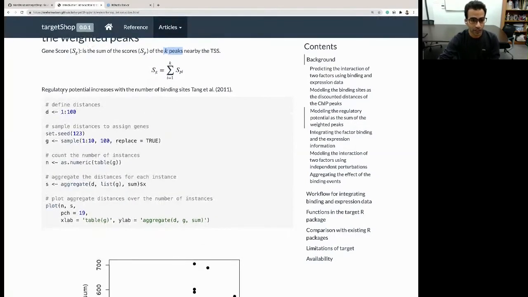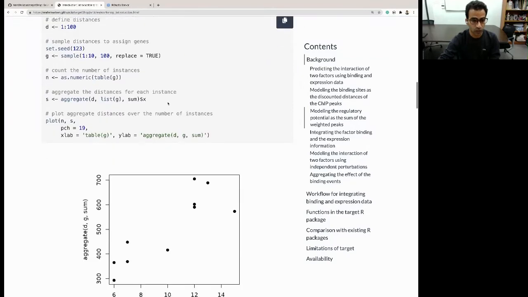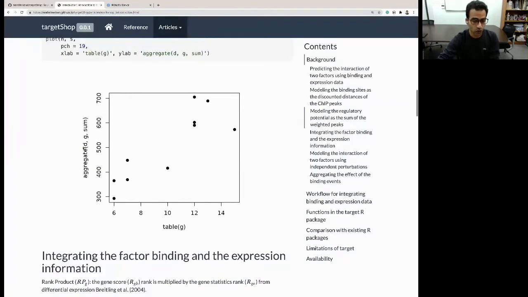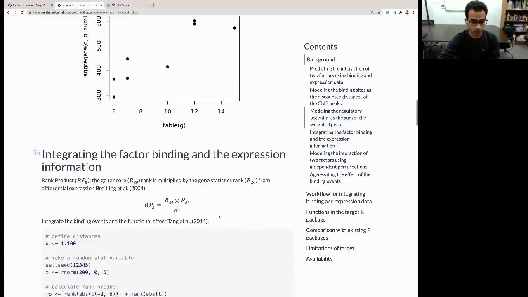And then here we will see that the regulatory potential of a specific gene would increase with the number of the binding sites, as well as the distances from the transcription start site. So visually here, again, if we assign random distances and random numbers of peaks, we see that the genes that have a higher number of binding sites will usually have a higher score.